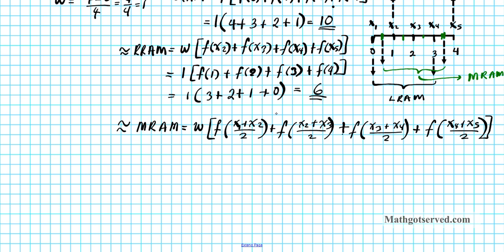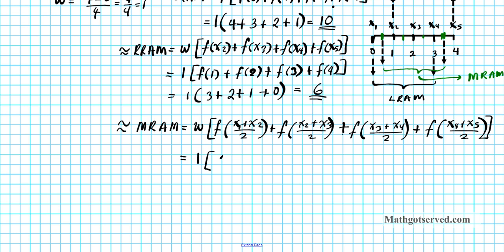You're basically looking for the midpoints of the subintervals. We know that the width of each interval is 1. Now we can just use the appearance of our graph to determine what the midpoints are.